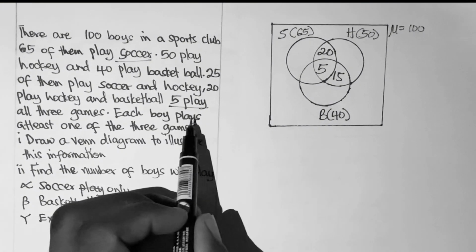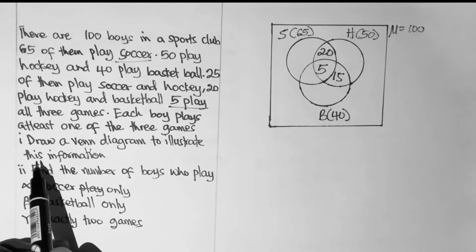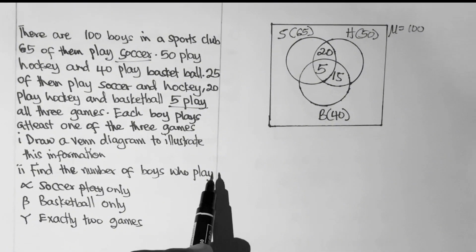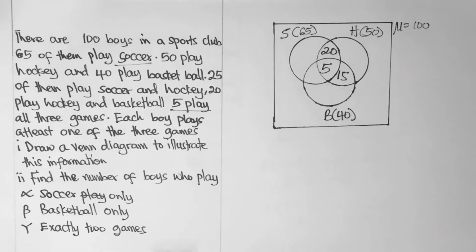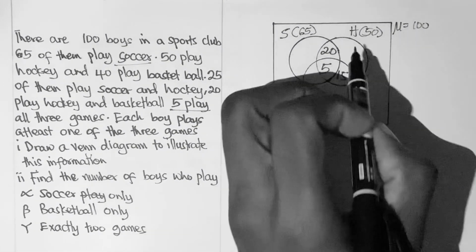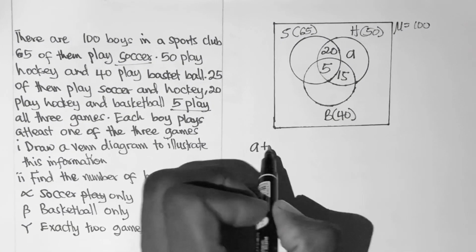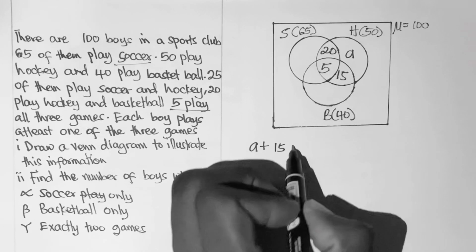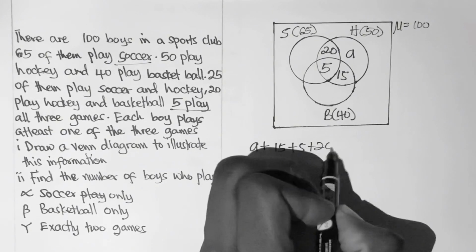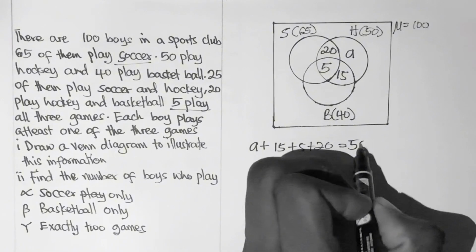Then he says that each boy plays at least one of the 3 games. Now, you see that we can find this region. So let's say that region is small a. So small a plus 15 plus 5 plus 20 is equal to the region of hockey, which is 50.